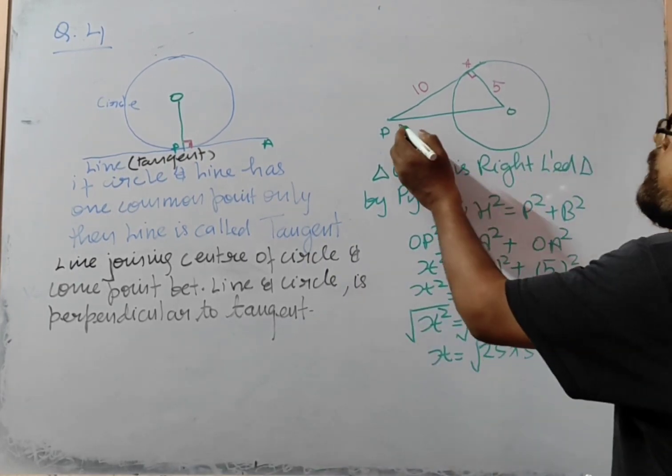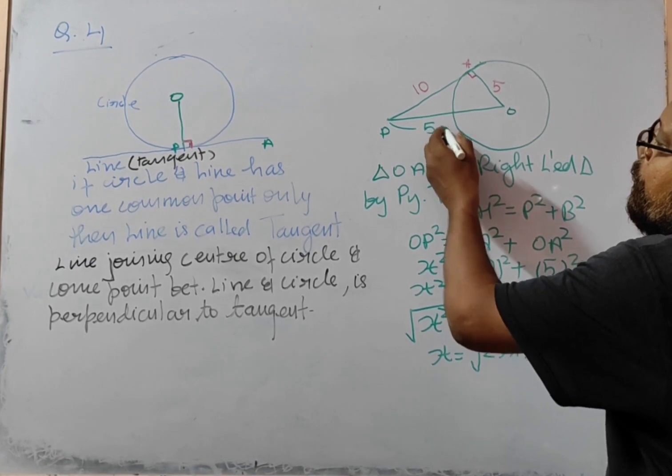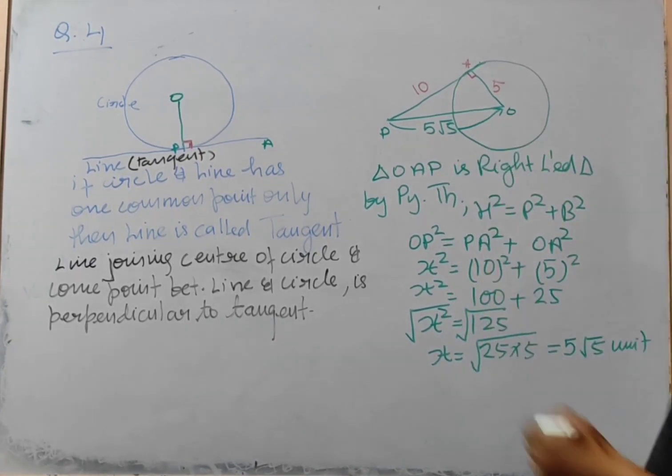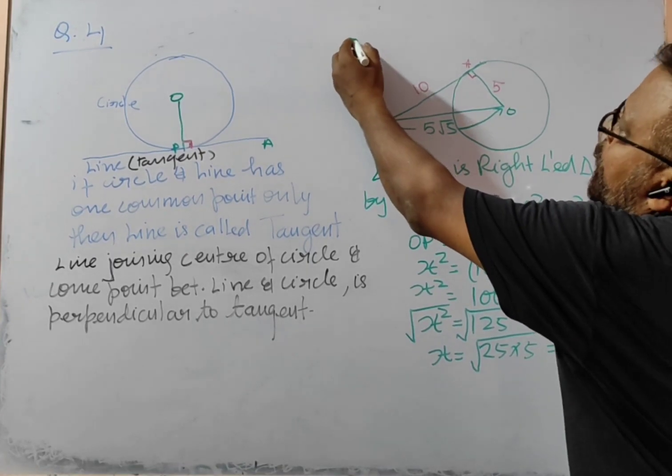So this is 5 root 5. Fine. This was question number 4, part 1.